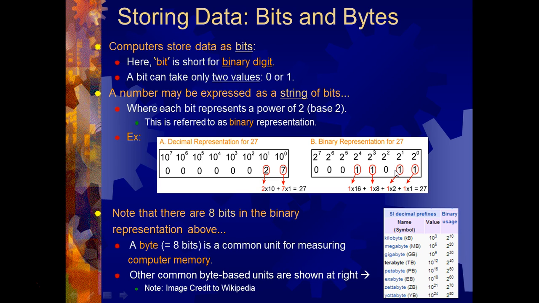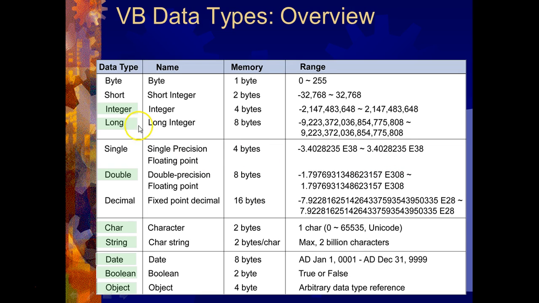That's because you're using too much memory. So as a programmer, you don't want to use more memory than you need to. If something only needs to be an integer, then don't call it an object, or don't even call it a double. Okay? So anyway, that's just an introduction.